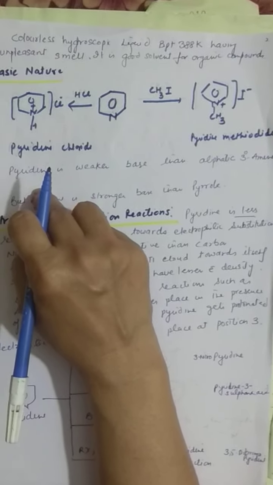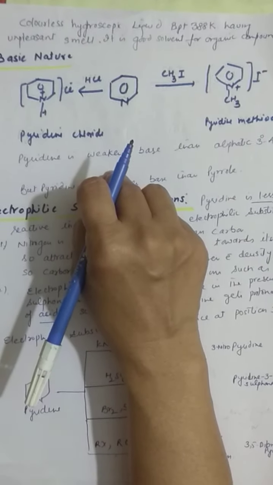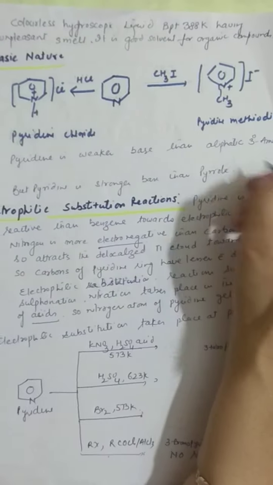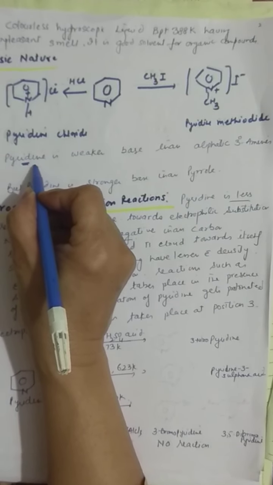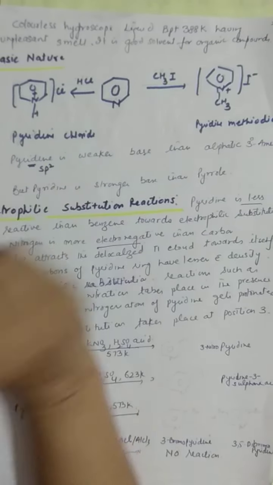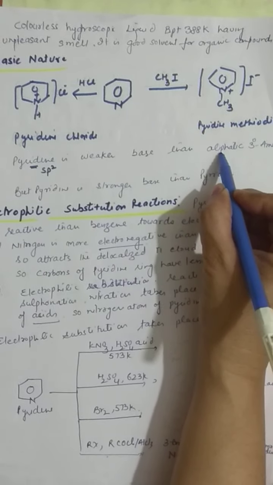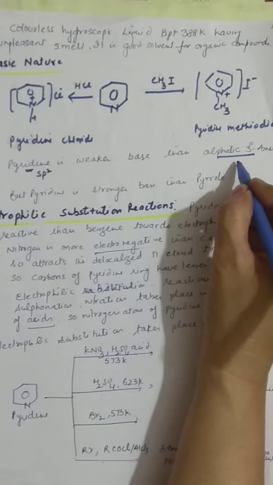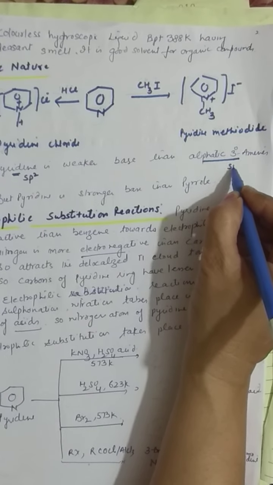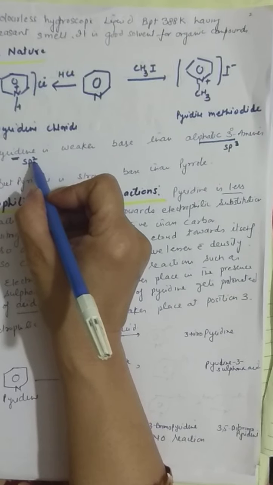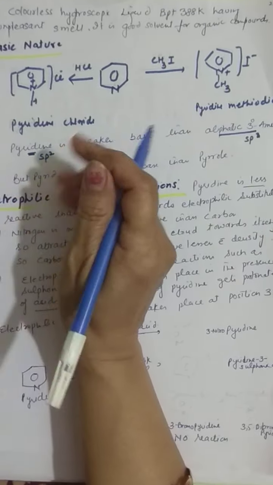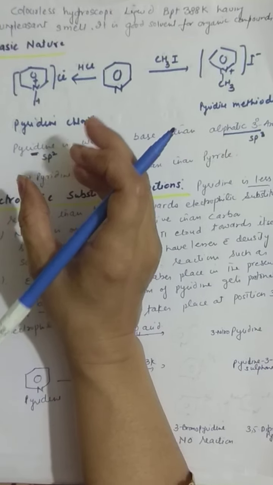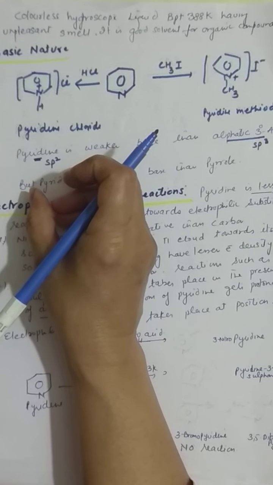But pyridine is a weaker base than aliphatic tertiary amine. In pyridine, nitrogen is sp2 hybridized, whereas in aliphatic tertiary amine, nitrogen is sp3 hybridized. So sp2 hybridized nitrogen attracts the electrons more closely to itself.